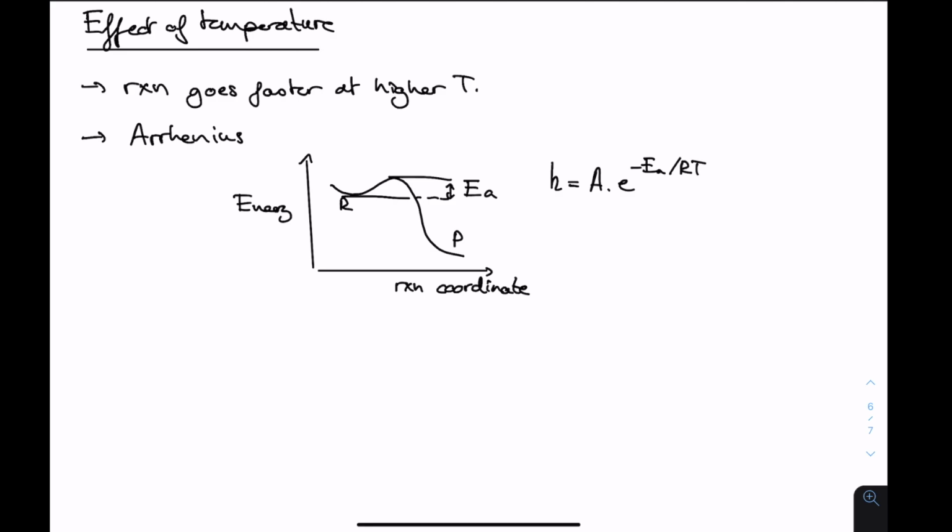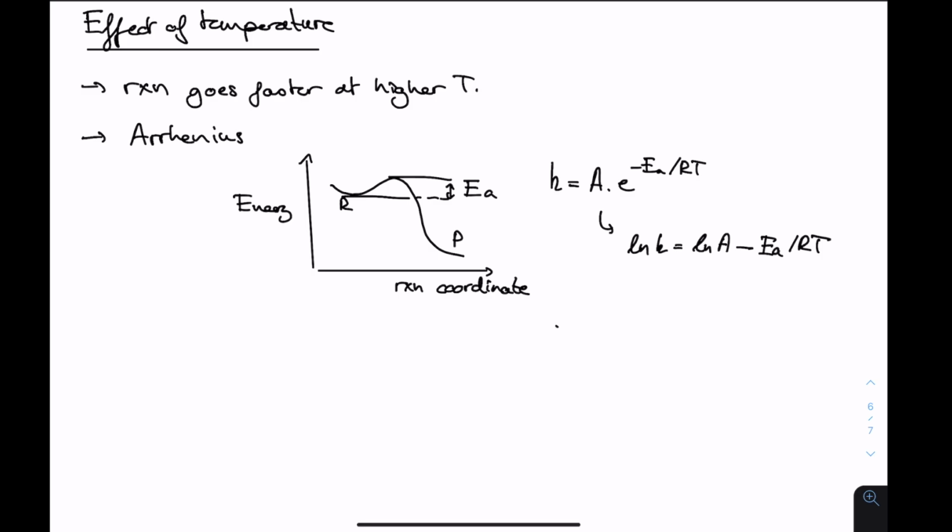RT, right? Or, of course, in an alternative form, we take the ln of both sides, so we have ln k is ln A minus EA over RT.